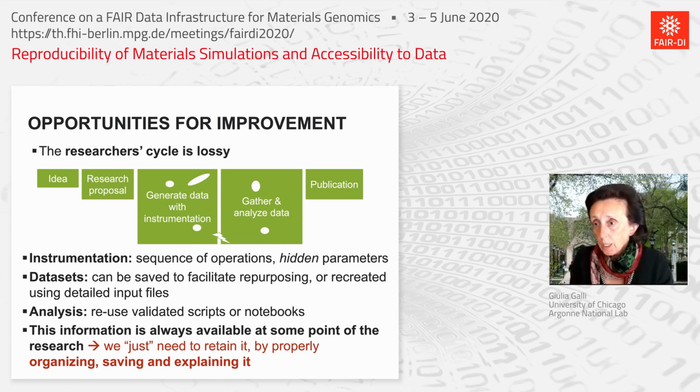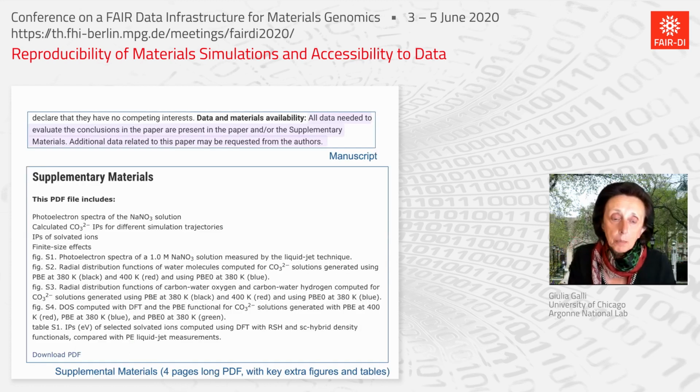Of course, "just", quote unquote, because it's much more easily said than done, and making information available and preparing it to be available is a very, very difficult task. And this is what we set out to facilitate: how to organize the data, curate the data, and make them available.